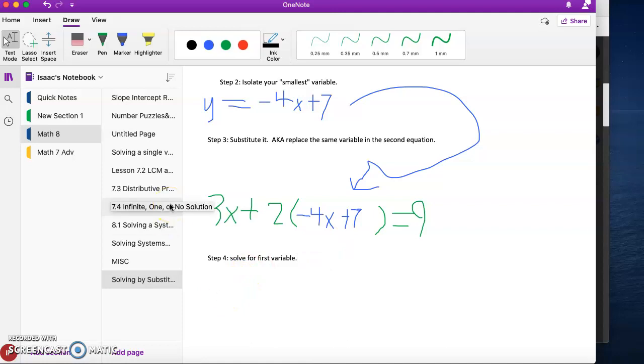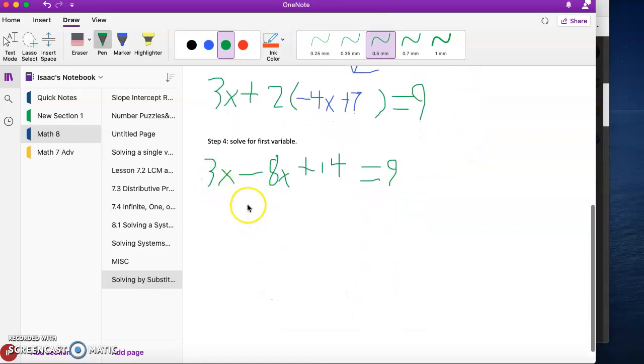All right, now to begin that process, I've got 3x. 2 times negative 4x is negative 8, so 3x minus 8x. 2 times 7 is 14, so that's plus 14 equals 9. And 3x minus 8x, that's negative 5x.